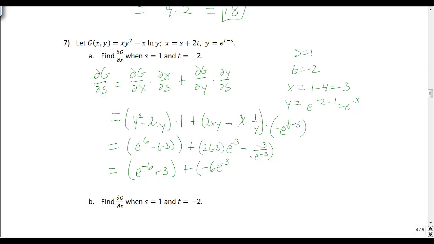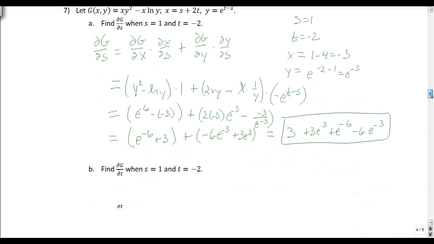That e to the negative 3 in the bottom becomes a plus 3 e to the 3 on top. And when I look at this, what I get is I have a 3. I have an e to the negative 6. How about let's do 3 plus 3 e to the 3, maybe highest exponent first, plus e to the negative 6 minus 6 e to the negative 3. You get something like this. So you could turn that into a decimal if you wanted to.